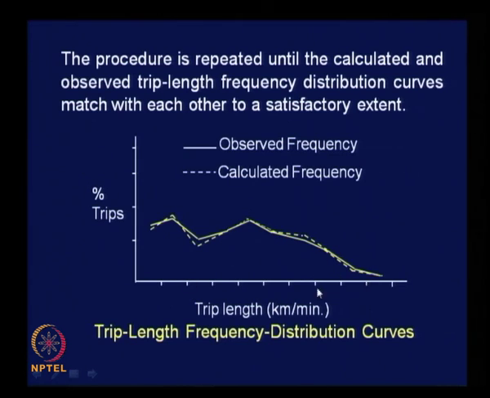There is some match. This is just an example given, and it is up to the planner to decide whether to proceed further with the iterative procedure or stop at a particular stage. It is a physical verification of matching of the 2 curves, okay. But with experience you can easily understand or fix the stage at which you will be able to stop the iterative procedure.